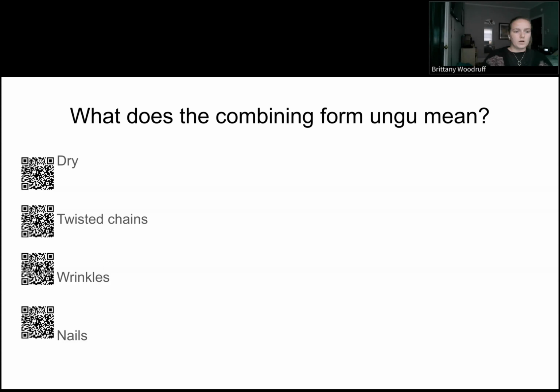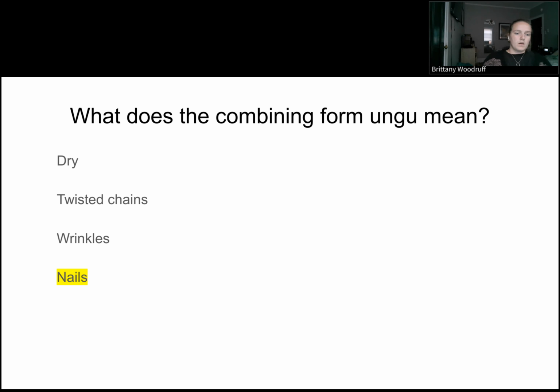Yeah. So ungo means nails. Oh, I forgot to look this up between classes. I want to say it's Staphylo, but no, Staphylo is the cluster, Strepto is the chains. Anyways, dry, ZER or ZERO. Twisted chains.